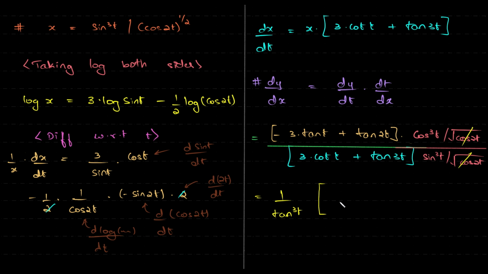Now let's express everything in terms of tan. What I mean is, here we have tan t, so this is not to be touched. Here we have tan 2t, which is tan square t, right? No, that is 2 tan t, my bad. 2 tan t divided by 1 minus tan square t.